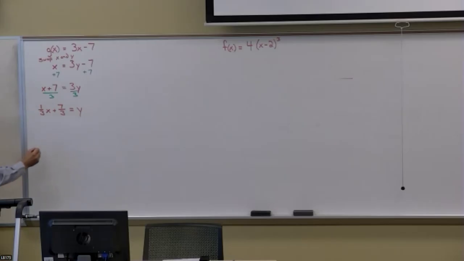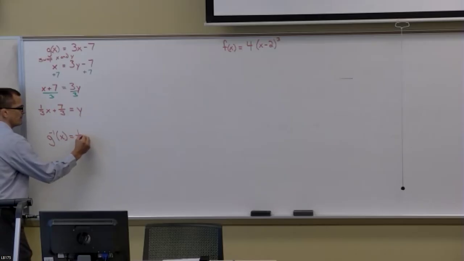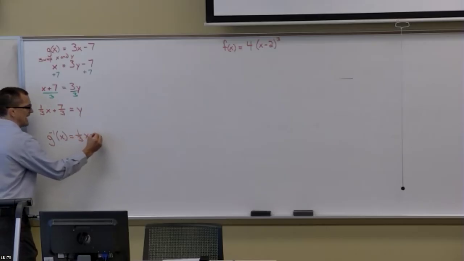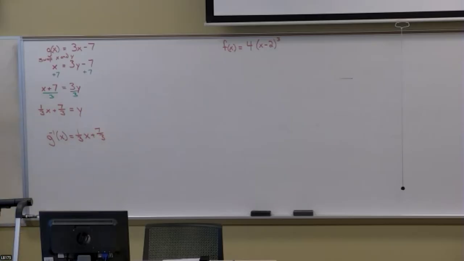So what that tells me is that g inverse is such that the output of g inverse should be 1/3 x plus 7/3. Typically, I like writing the y or the output on the left-hand side.